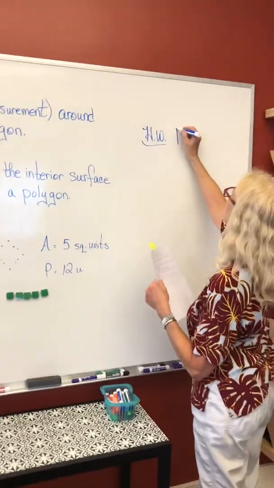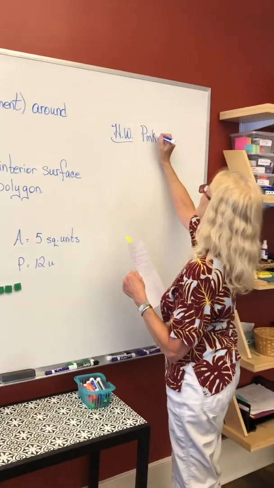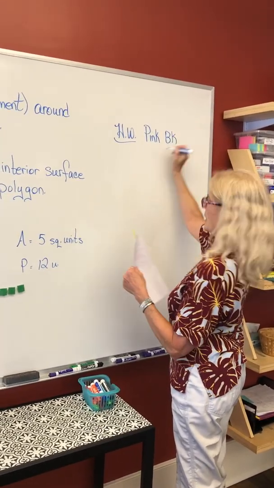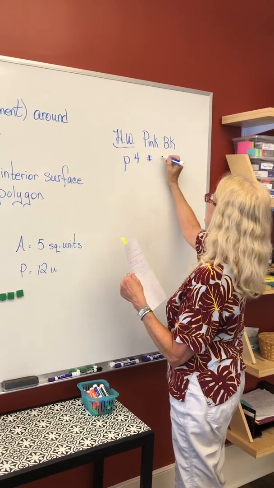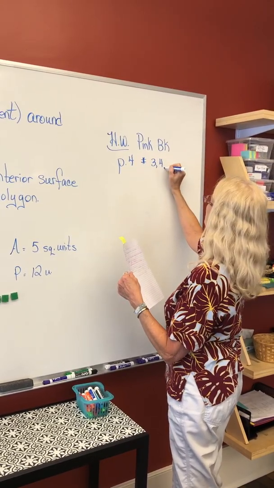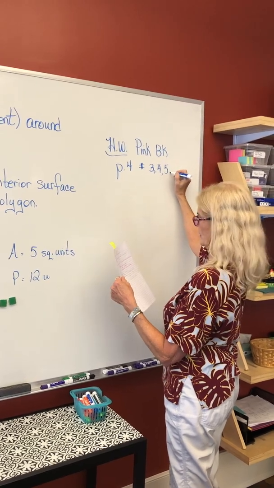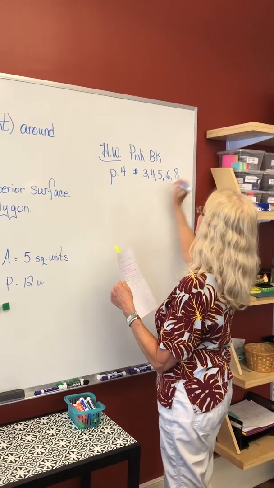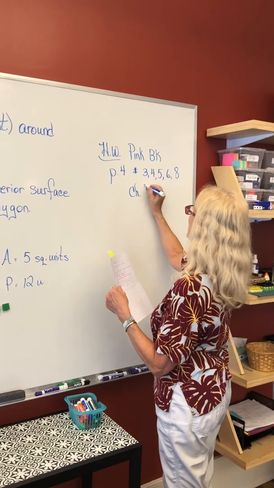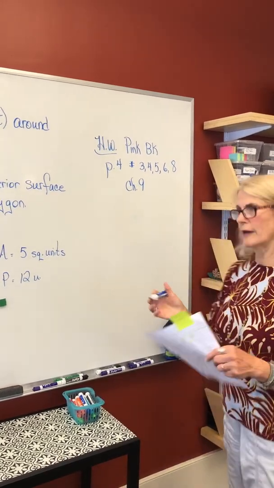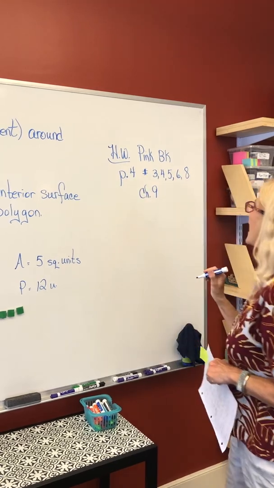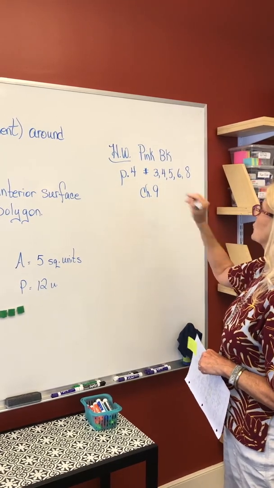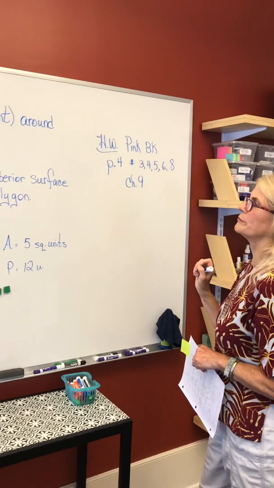It's going to be in your pink book, on page 4, and I want you to see if you can do 3, 4, 5, 6, and 8. And sometimes I give a challenge, a little extra credit for that, for when you want to do a little extra to figure some things out. So your challenge will be number 9 in the pink book, okay?